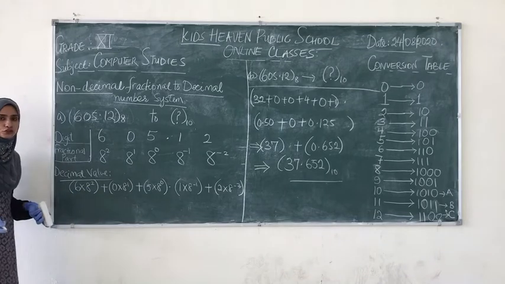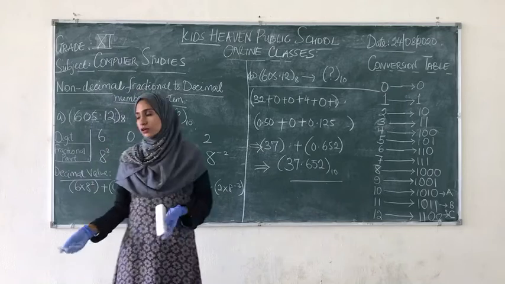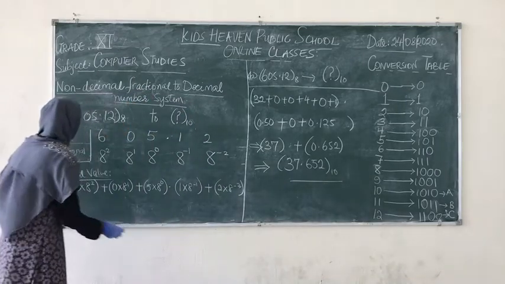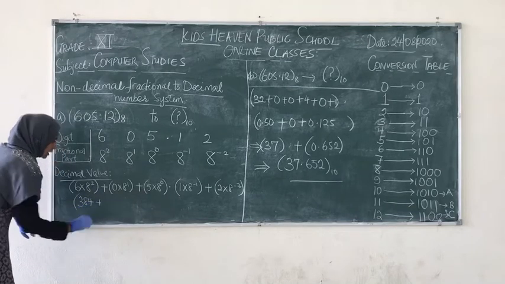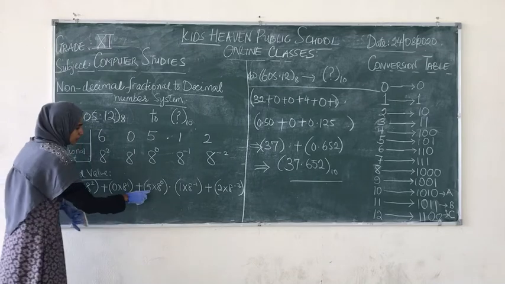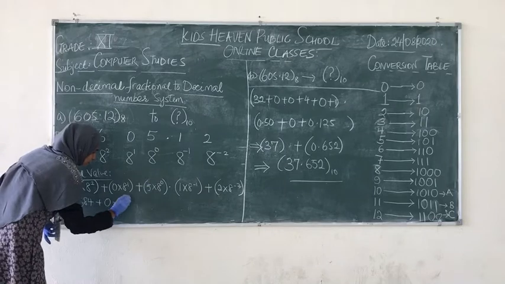8 to the power of 2, 8 multiplied by 8, which is 64. Now, 64 multiplied by 6, which is 384. So we have here 384 plus, we have a 0, so this is going to be 0. Next we have 8 to power 0, which is 1, multiplied by 5, which is 5.